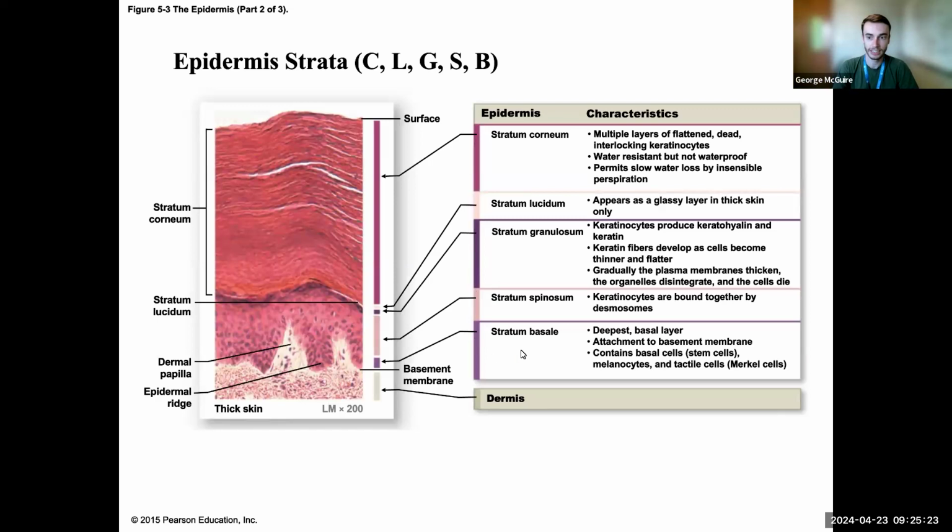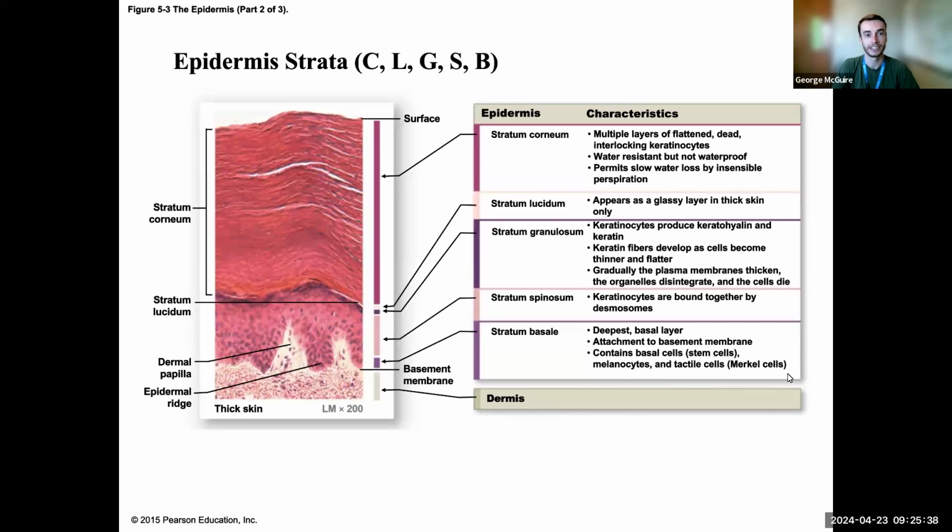Also in this base layer, we have melanocytes, which are going to provide a different protein, the protein melanin, which acts as a pigment and will provide some protection from the UV rays from the sun.